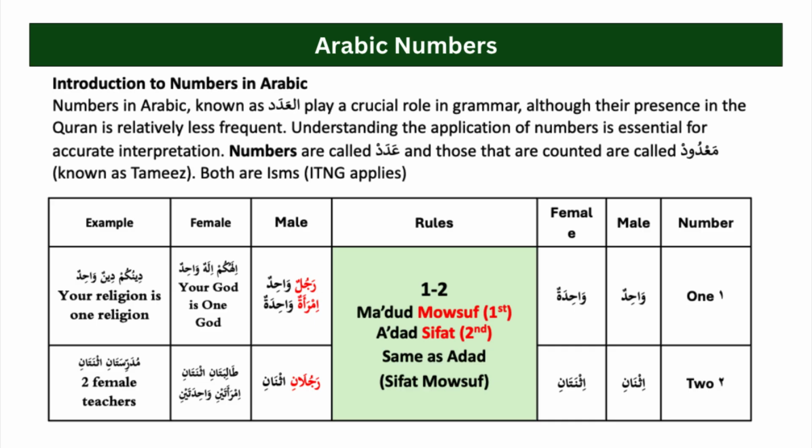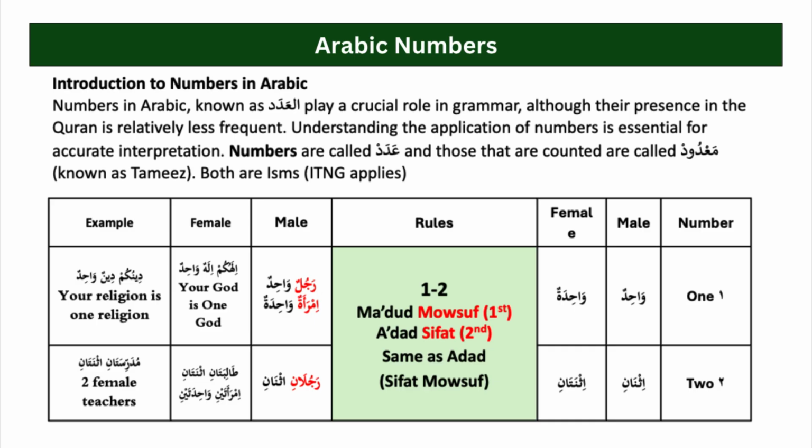So with 1 and 2, the rule is very different from many other numbers. Here, the number comes after the noun and it matches it. Now let us look at the examples. For 1, the slide gives masculine, wahidun, feminine, wahidatun.